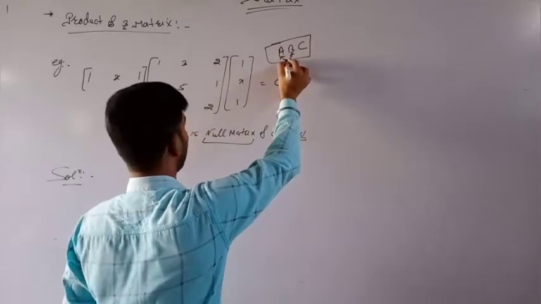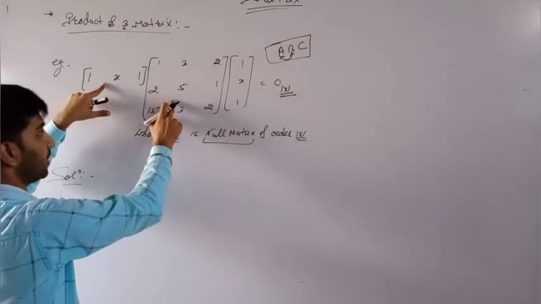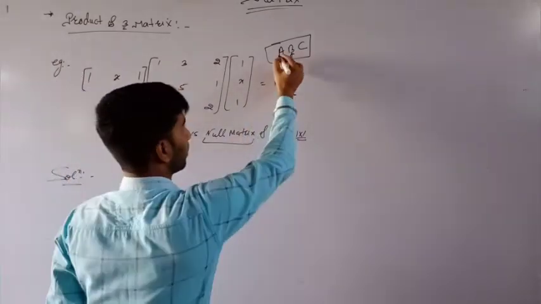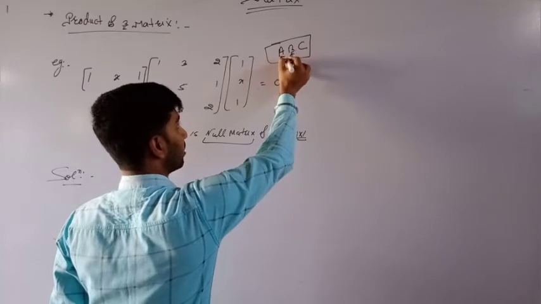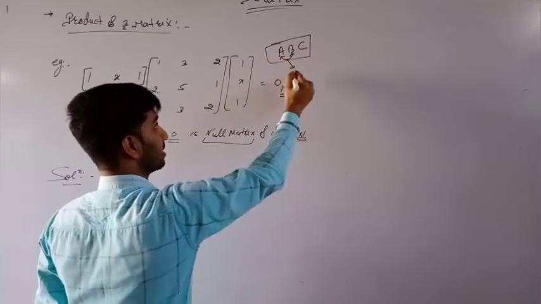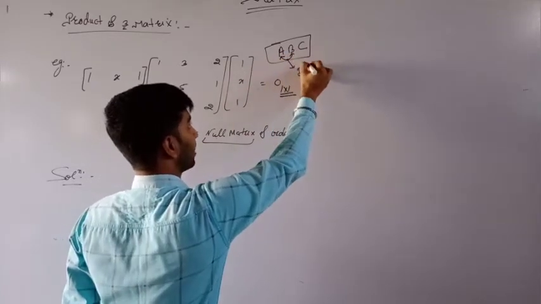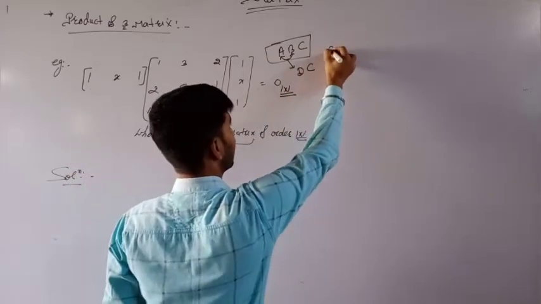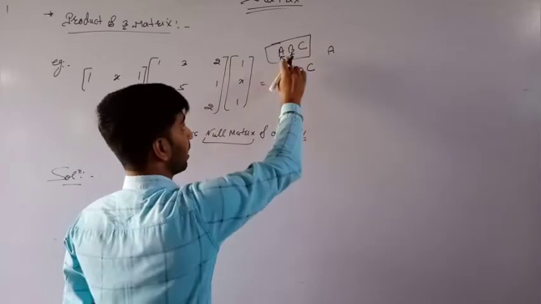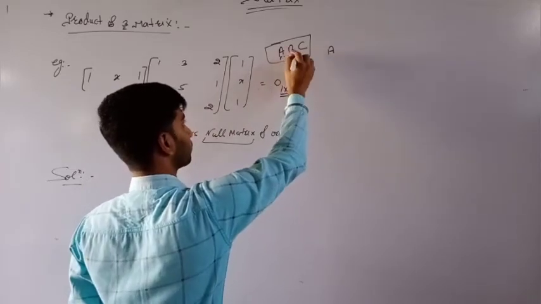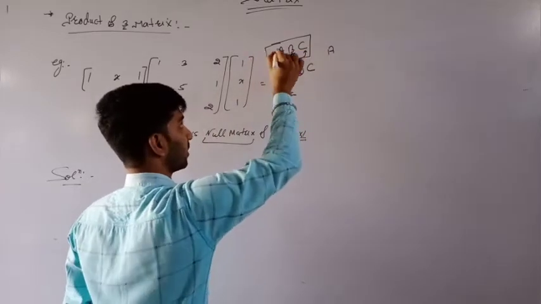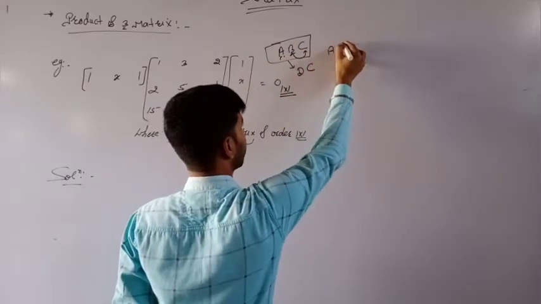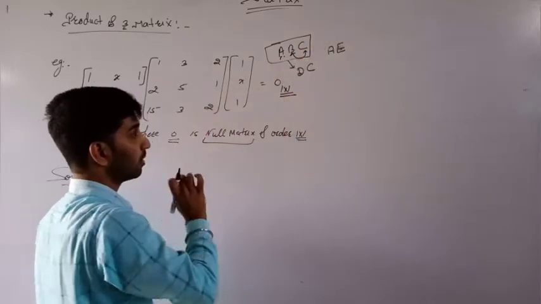First of all, find A multiply B, and let the resultant matrix be D. Then multiply D by C. Second way: A remains the same, multiply B with C, and suppose the resultant matrix is E. Then we multiply A with E.